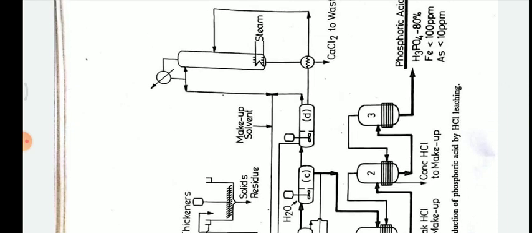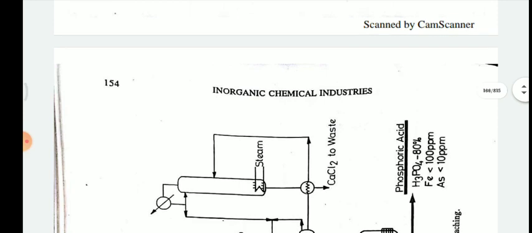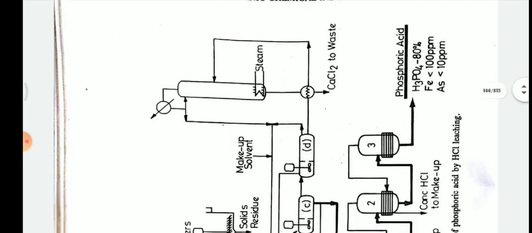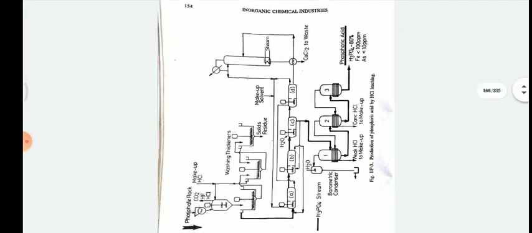And the residue of the third gives the phosphoric acid, whose concentration is minimum 80%, more than 80%, where the iron impurities are less than 100 ppm and the other impurity is also less than 10 ppm. So these are the steps of the leaching process to get phosphoric acid by HCl leaching.